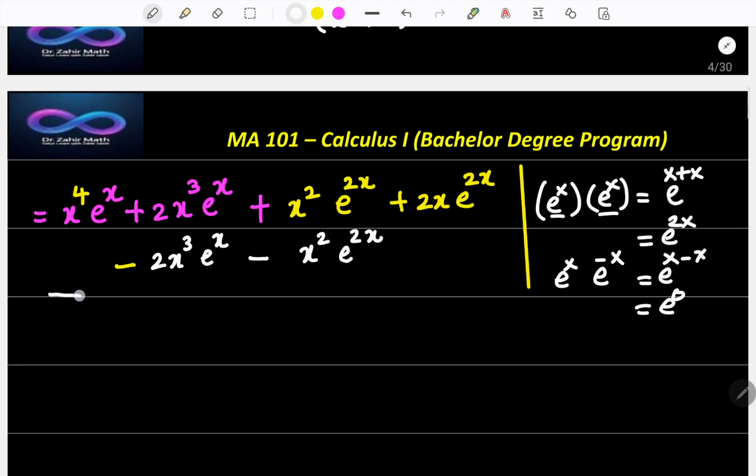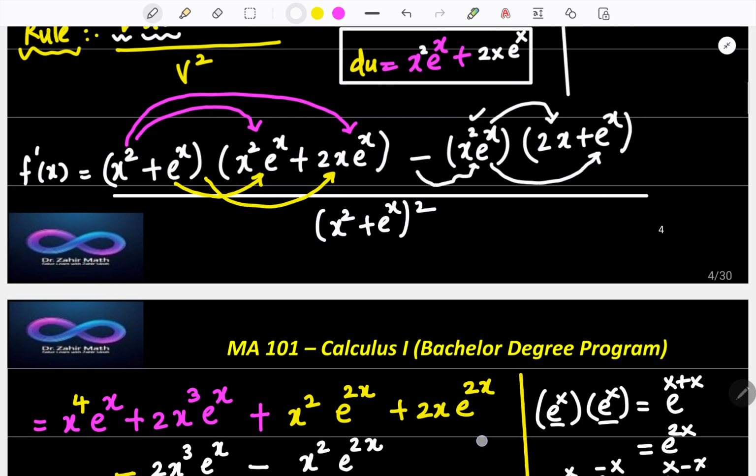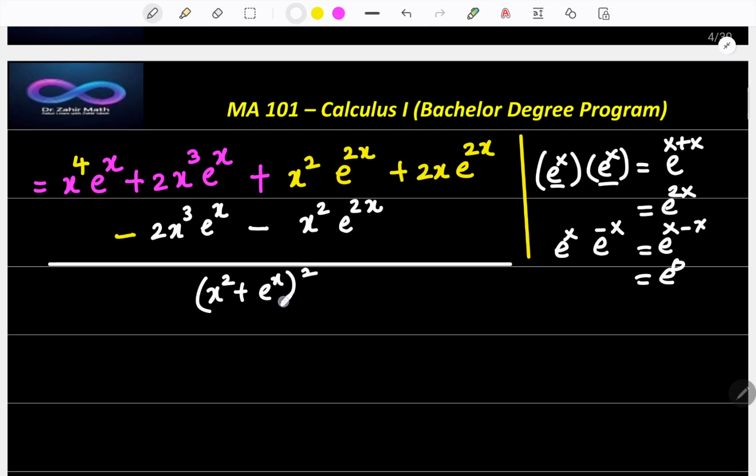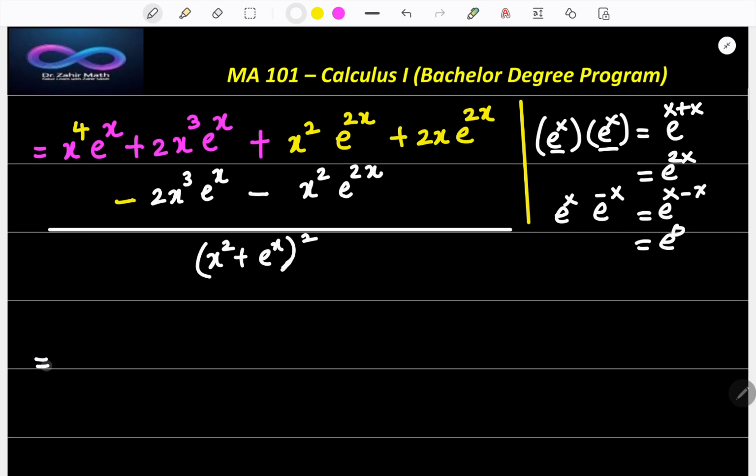Okay, right. Divided by your denominator. Your denominator is x square plus e power x, the whole square. Am I right? Yes. Whole square, right. So now any term getting cancelled? Let us see. So x square e power 2x is cancelled. 2x cube e power x minus 2x cube e power x gets cancelled.